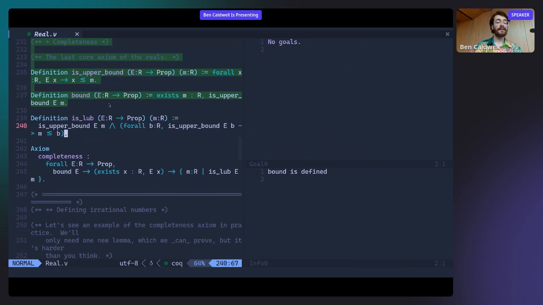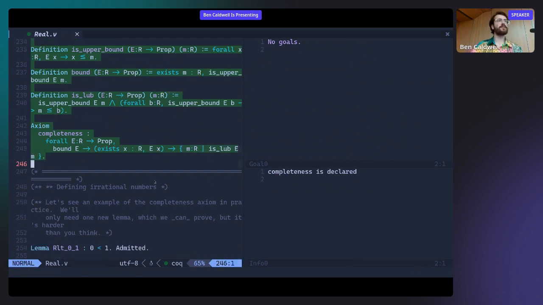And then the least upper bound is the bound which is, of course, least. And completeness just tells us that for every bounded proposition that is non-empty, we can find a least upper bound. So the proposition has to be satisfied by some object.